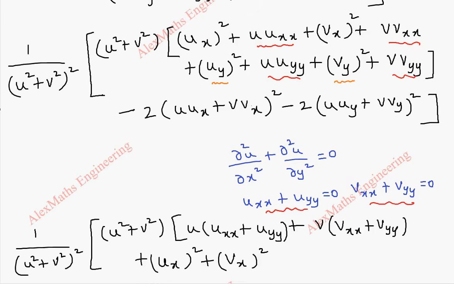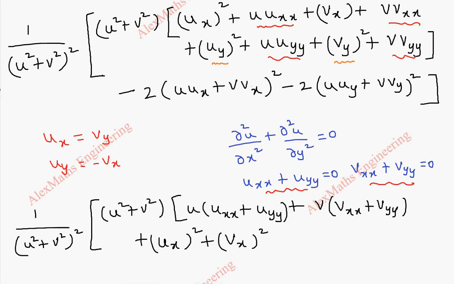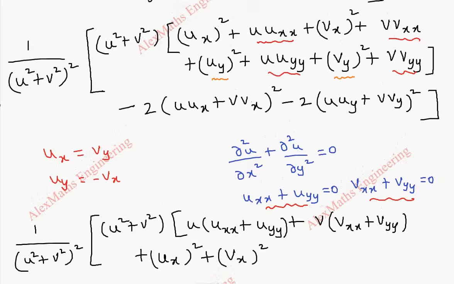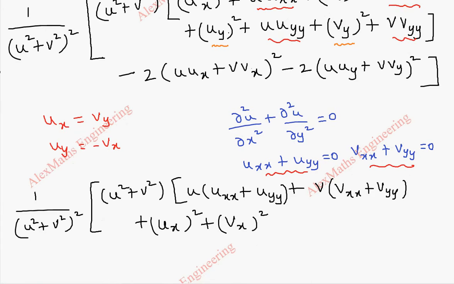That is, our CR equations are ux equal to vy and uy equal to minus vx. So how we are going to replace it here is, let's check here. We have written ux square, vx square, then uy is written as minus vx, so minus vx whole square, and vy is ux whole square. When we square, anyway it will become plus.